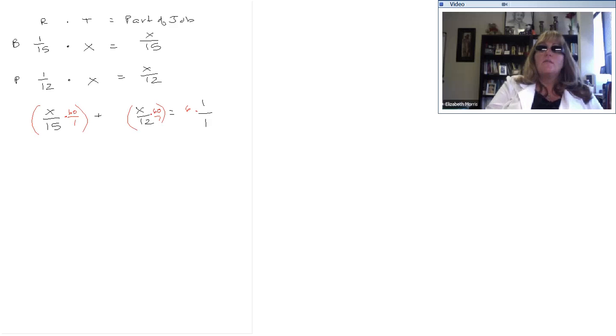I'm going to write the 60 on this side since my face is there. 15 goes into 60 four times, so 4 times x is 4x, plus 12 goes into 60 five times, 5 times x is 5x, equals 60 times 1, which is 60. Combine like terms, you get 9x equals 60.